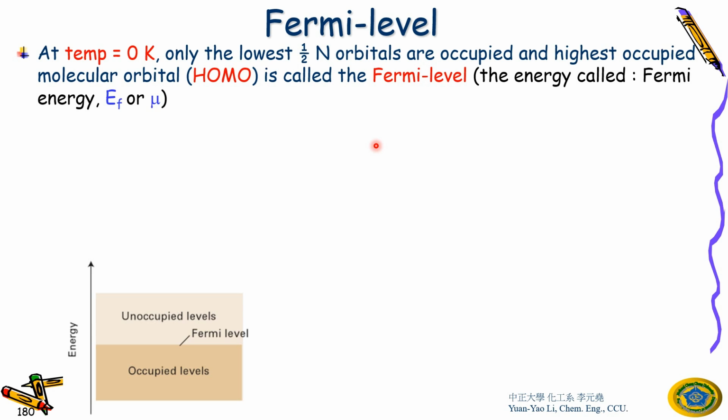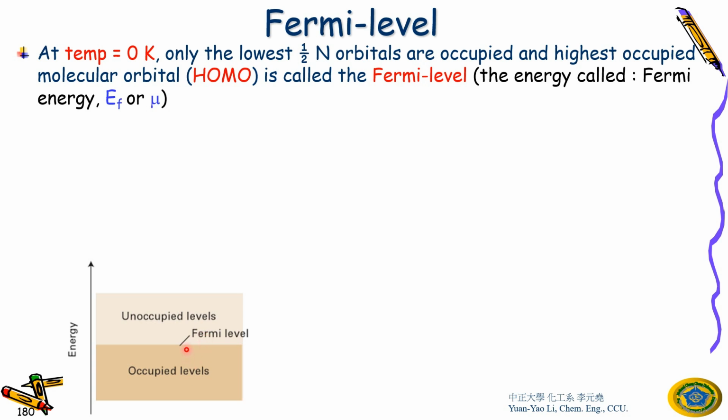Another term I want you to know is called the Fermi level. When we talk about the energy, this is a free electron that jumps to here. You just require very, very low energy from the outside. However, if the temperature reaches 0, what does that mean? There is no energy at all in this environment.